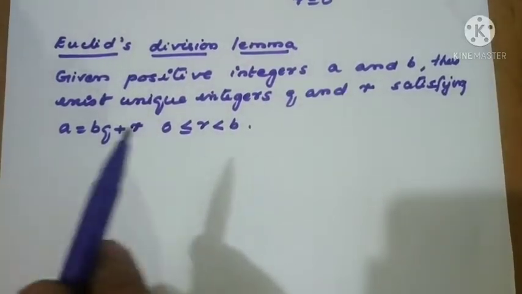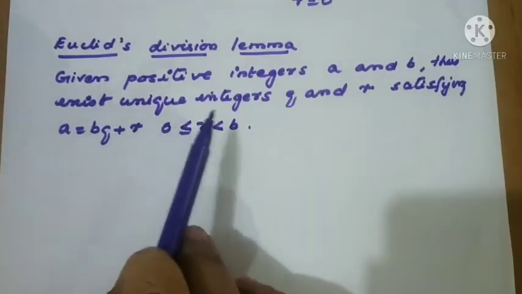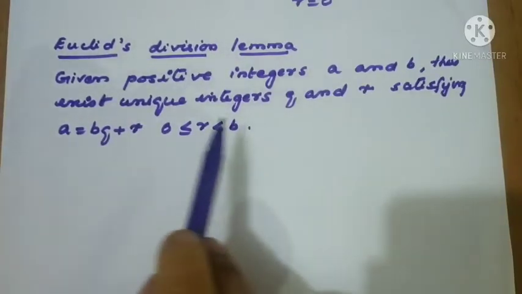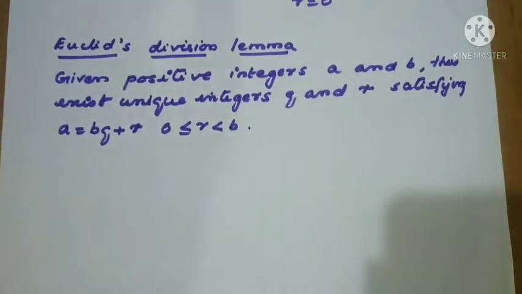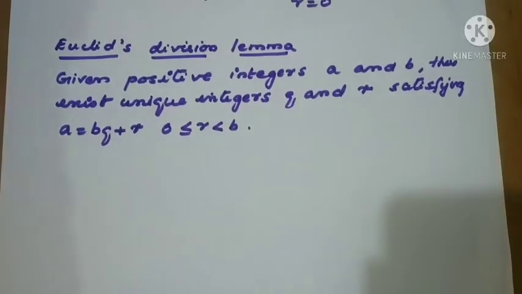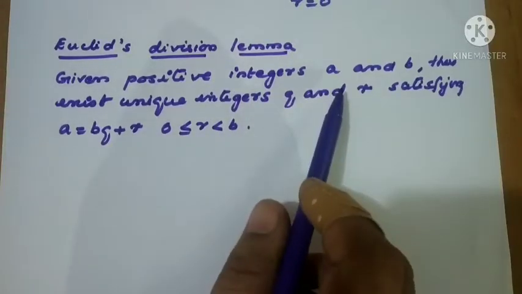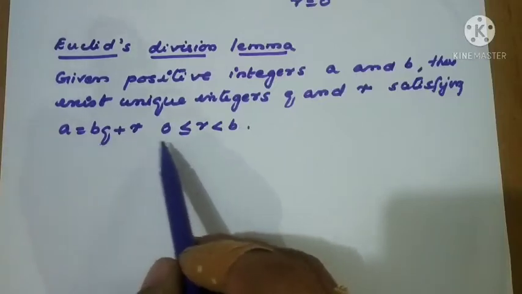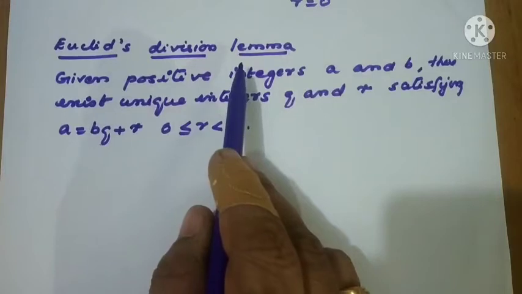With the idea clear in mind, when we are dealing with the divisibility of integers, the same rule is stated as Euclid division lemma. Given positive integers A and B, there exist unique integers Q and R satisfying A equals BQ plus R, with 0 less than or equal to R less than B. This is called Euclid division lemma.